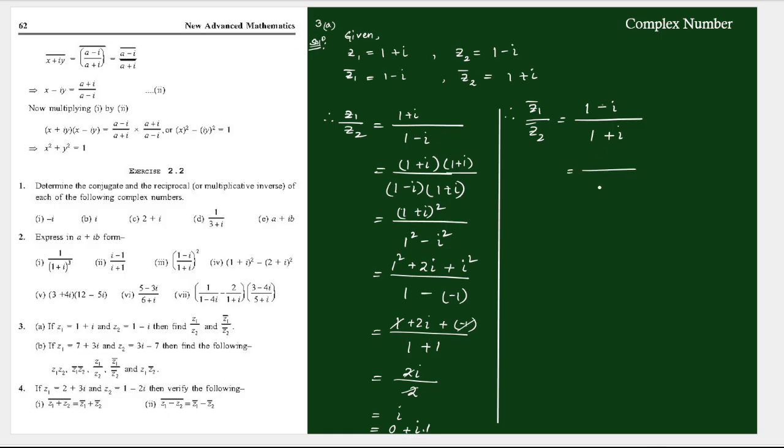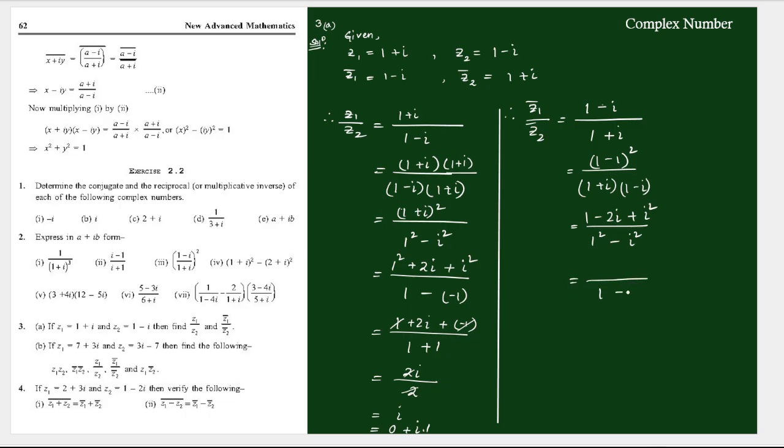So we have to multiply with the conjugate of the denominator. 1 plus i conjugate is 1 minus i, and here it will become 1 minus i whole square over 1 square minus i square.